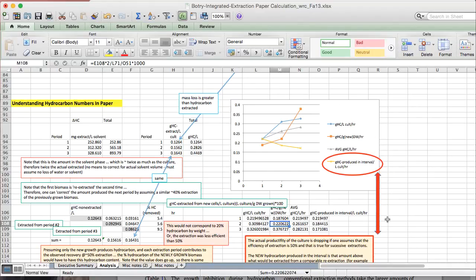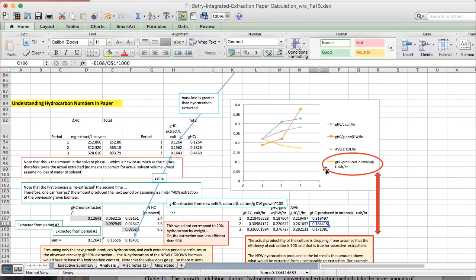That's most evident if we go to the grams of hydrocarbon produced in the interval itself. And that's the final one here. The amount that's produced within that interval is reflected by, again, these numbers on the diagonal.